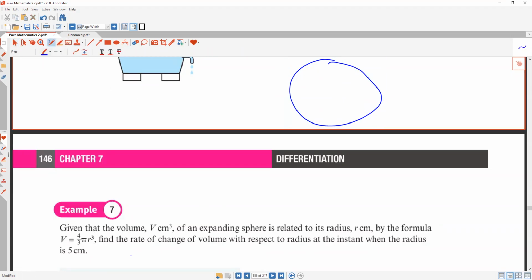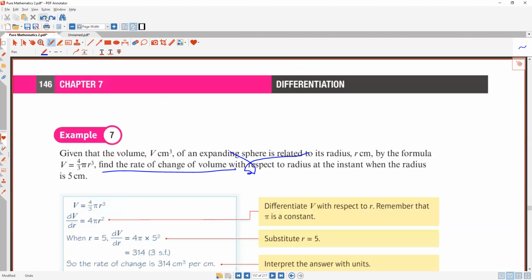They said the rate of change of volume with respect to radius. That means rate of change of volume with respect to radius, dV by dr. So you have the V and r equation with you.